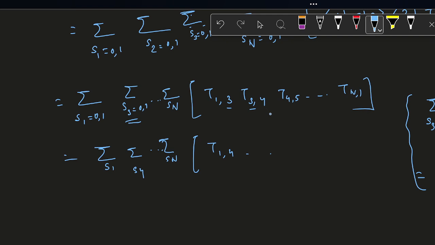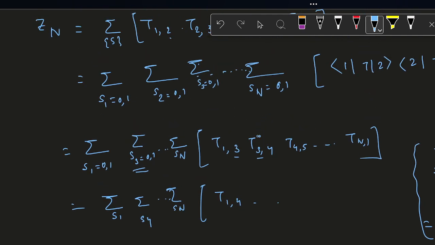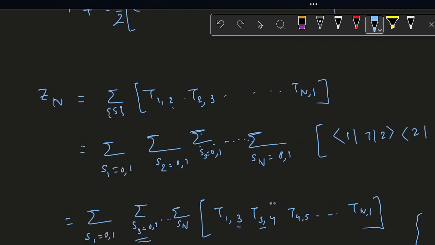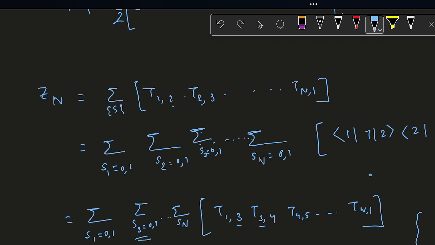We have also forgotten one thing: when we multiply T12 and T23, we are basically multiplying two matrices, so it will not be T, it will be T squared, because you are multiplying two T matrix elements and summing over 2.